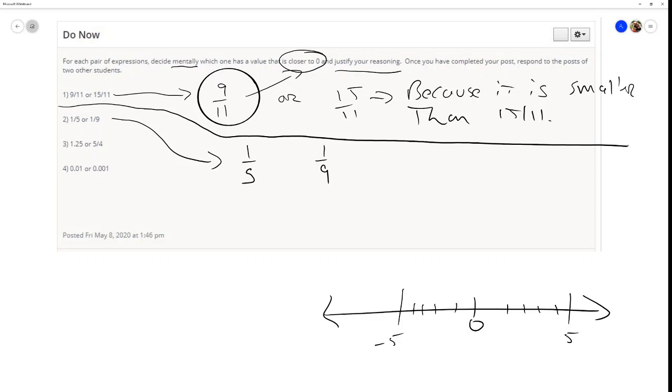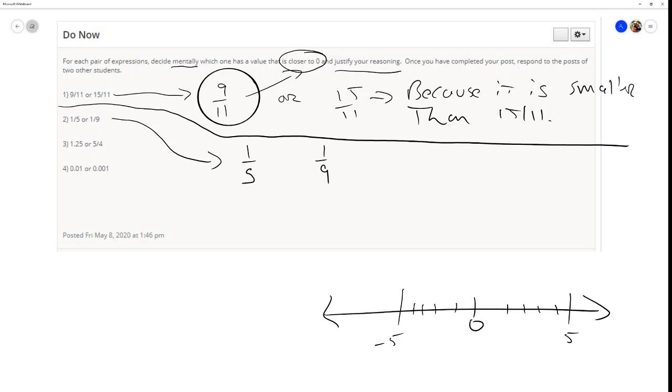So that means the 1/9 would be smaller than the 1/5, because think about a pizza. If a pizza is cut into 5 pieces, or if a pizza is cut into 9 pieces, one that's only cut into 5 pieces gives a bigger piece than one cut into 9 pieces.